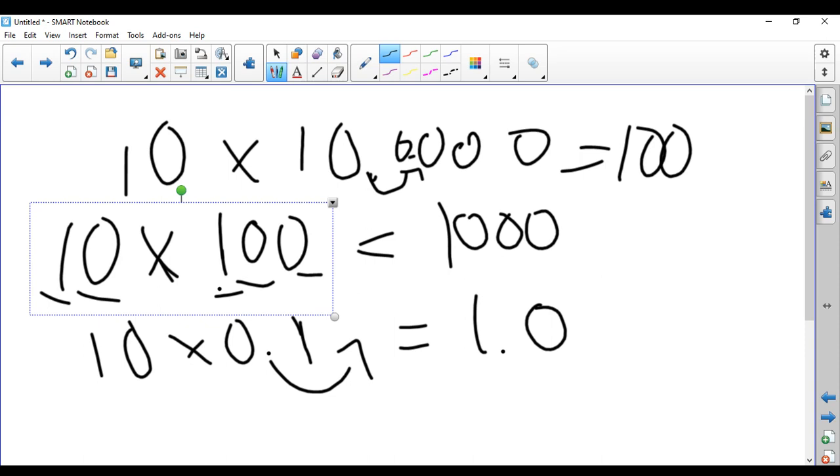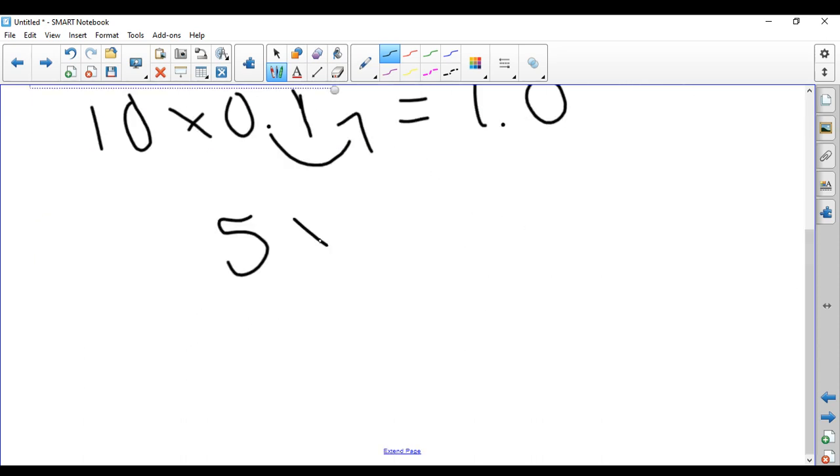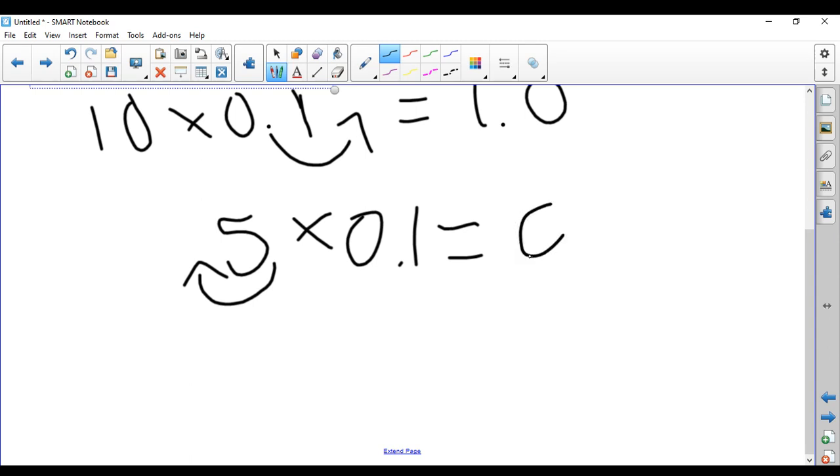If I do the same with 5 times 1/10, well, in this case, I'm doing the opposite. Now I'm looking at this 5, which is a whole, and I'm going to move the decimal that way. Instead of going bigger, like we talked about in video 1 and video 2, if I'm multiplying by a decimal, that number is going to get a smaller value. And I'm going to end up with 5/10.